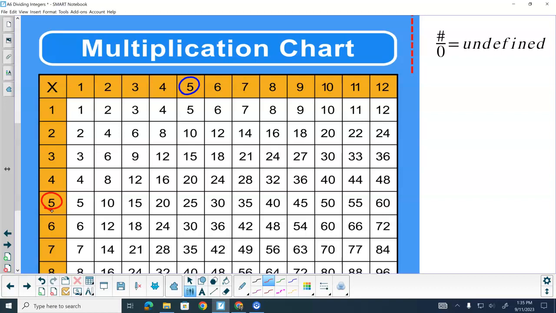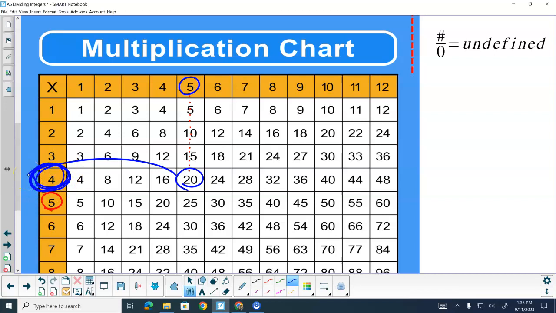And I'm going to go down that column or right through that row until I find 20. So I'm going to go down, 15, 20. There it is. I found it. So 20 divided by 5 is 4.